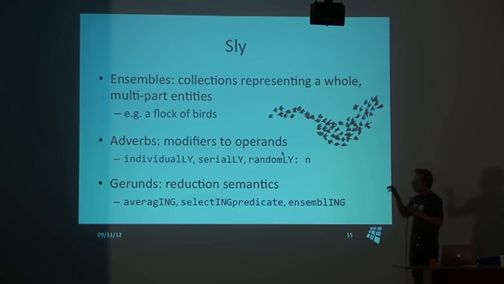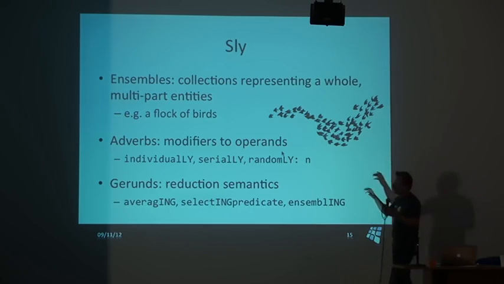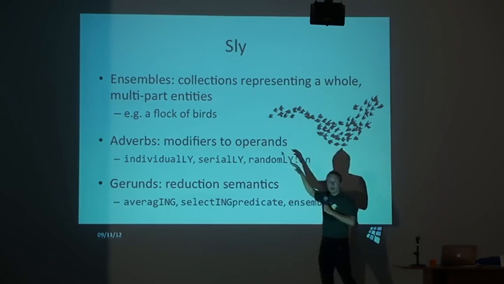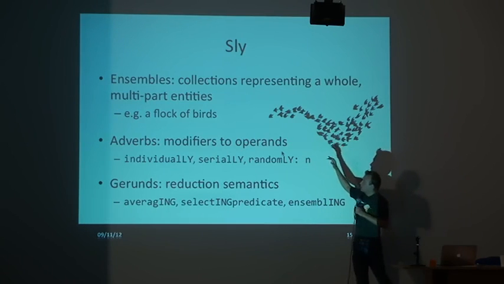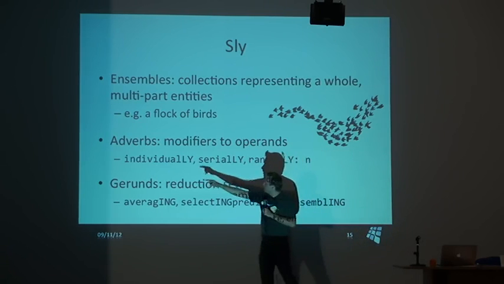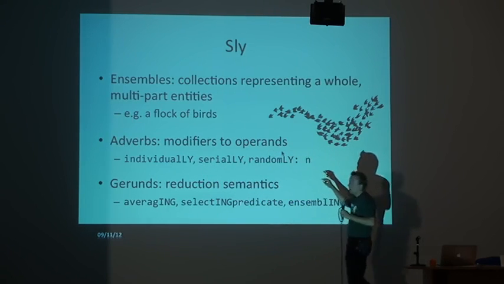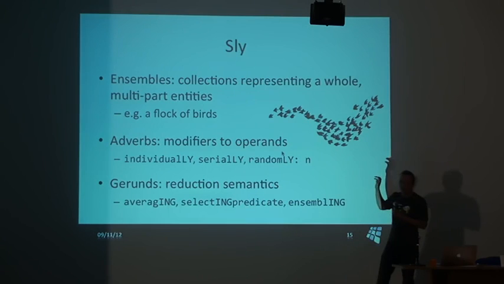Most important for the language aspect is that you have the notion of adverbs and gerunds. From the English language, you use them as modifiers for operands. You have the adverbs individually, serially, randomly, and others. Basically, Sam made a list from the dictionary and tried to pick out all the useful ones, and he figured really all of them are useful in different ways to describe how to apply an operator.